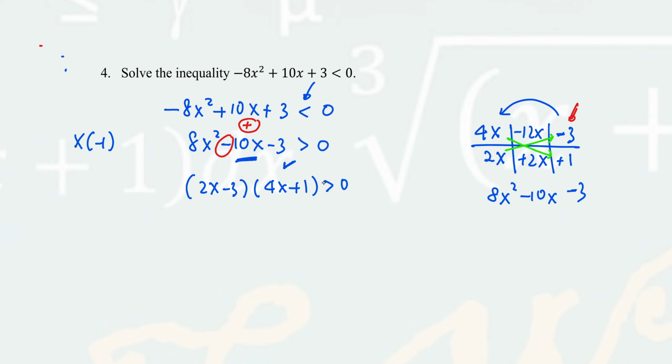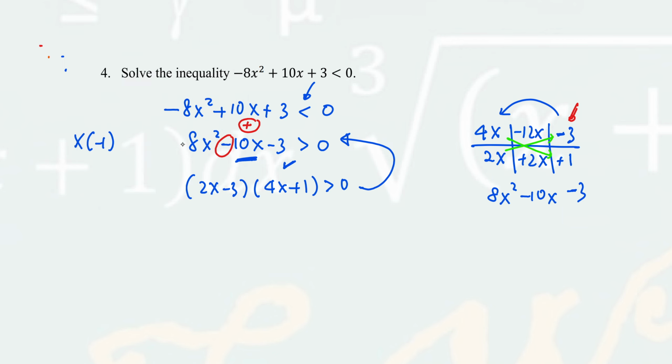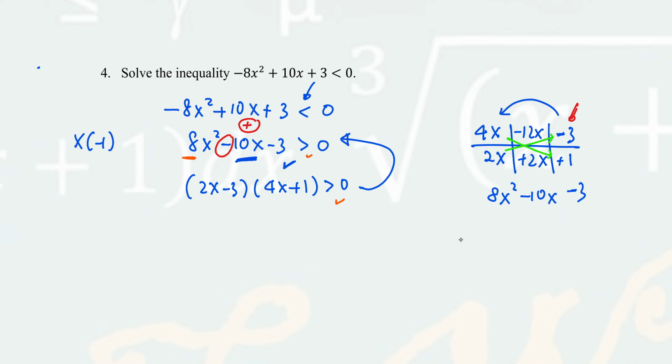Now don't forget, I get these two factors from the previous step. Now when you sketch the graph, because we need to solve the inequality, we are referring to the positive 8, because I'm using more than 0. Since this is positive 8, the graph will have a minimum point.